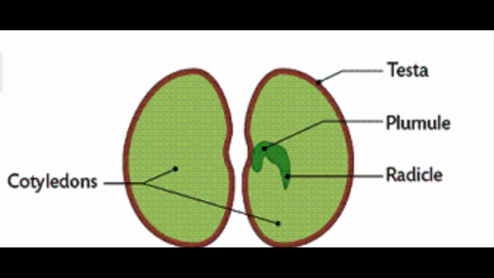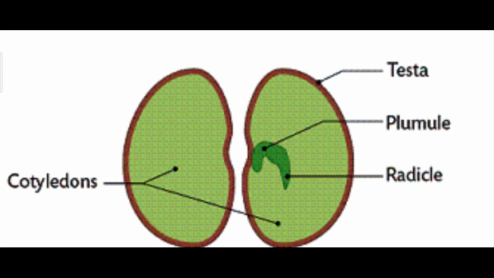This is the diagram which shows the germination of a seed. When the embryo develops into a seedling, it will grow in upward and downward directions. The embryo growing upward toward the sunlight is the plumule, which is the future shoot of the plant. The embryo growing downward toward the gravitational force is the radicle, which is the future root of the plant.